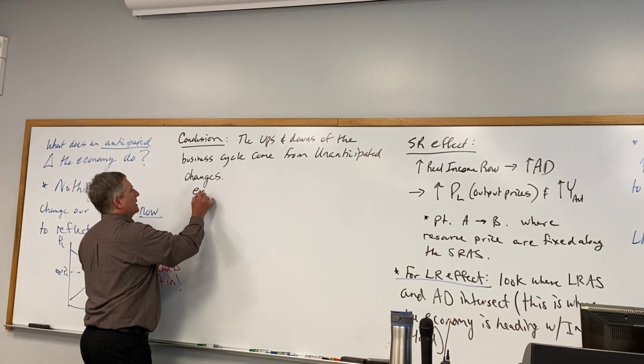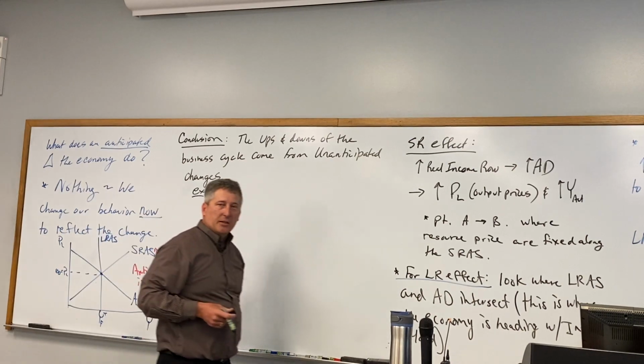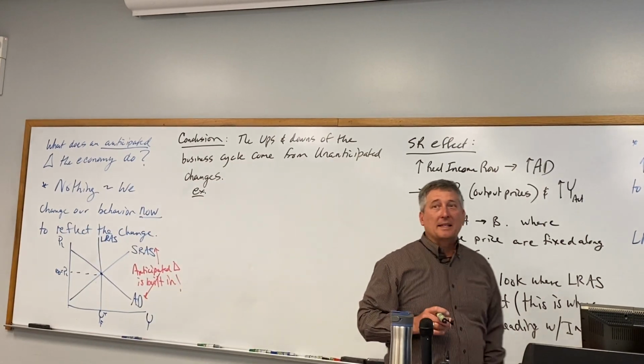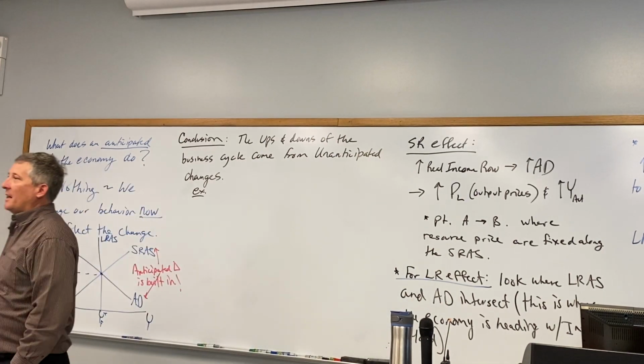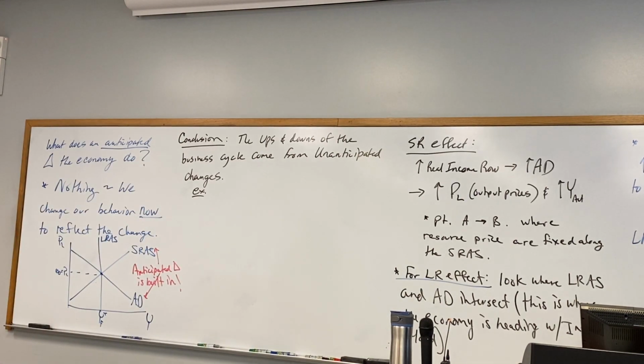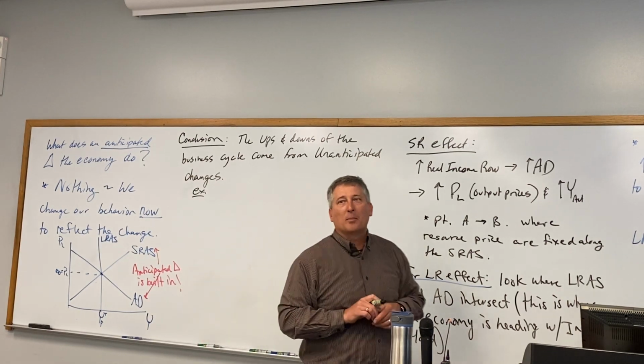So let's do another example. So suppose there's an oil shock. This is part of the story that drove what happened in the United States back in the 70s. So the OPEC oil cartel, the Organization of Petroleum Exporting Countries, kind of controls the world supply of oil, and they were restricting supply.